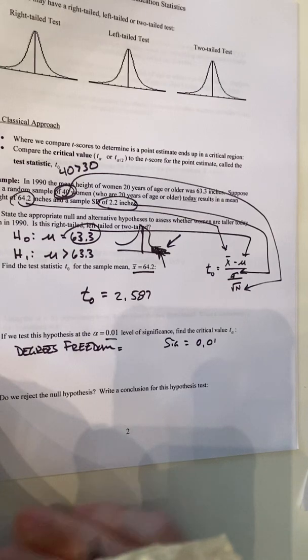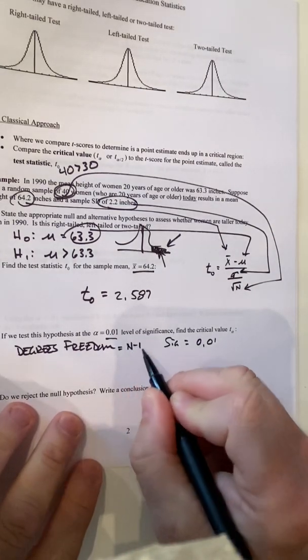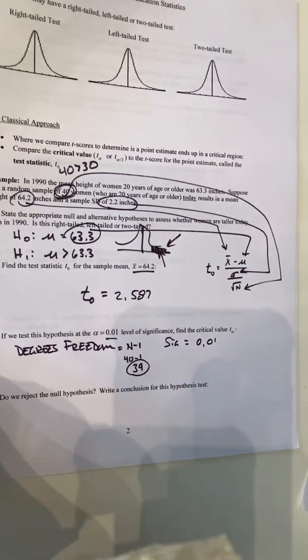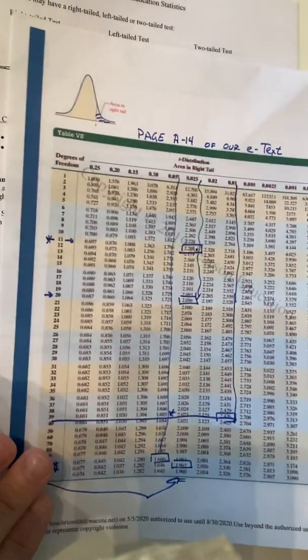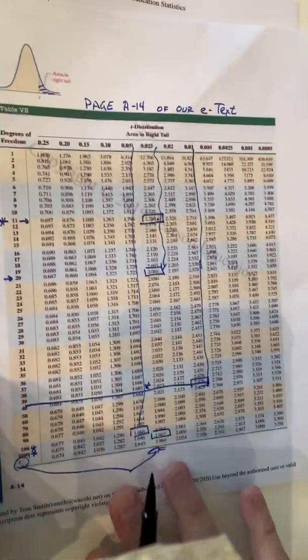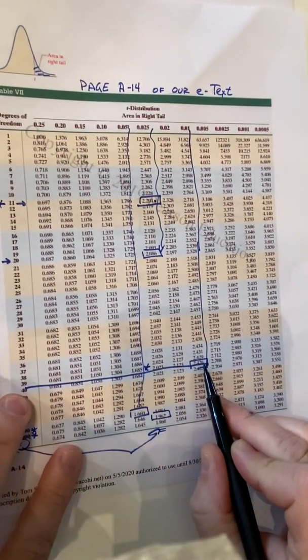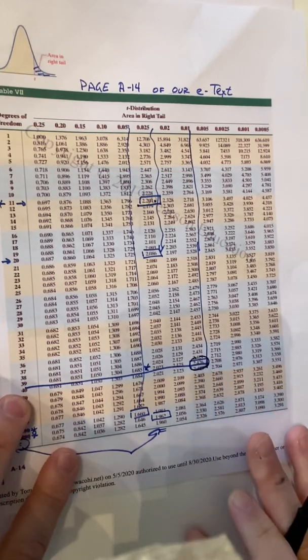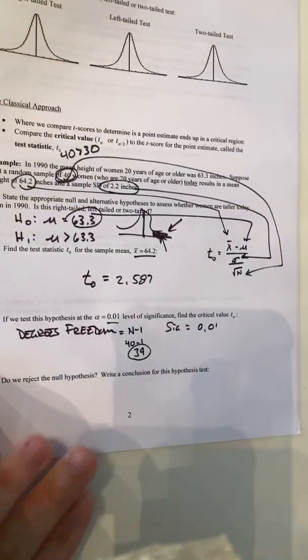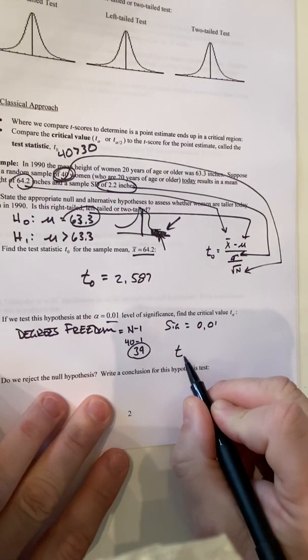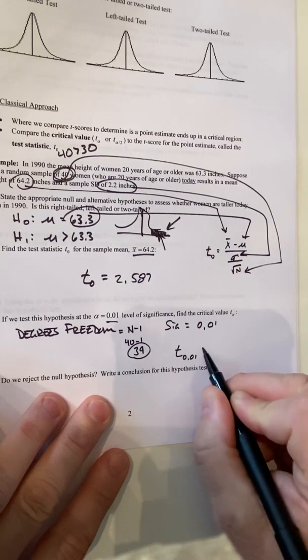The degrees of freedom is going to be n minus 1, or 40 minus 1, or 39. If 39 is not on the chart, we're going to use the one that's closest to 39 on the chart. But on this particular problem, 39 is on the chart at a significance level of 0.01. I get 2.426.